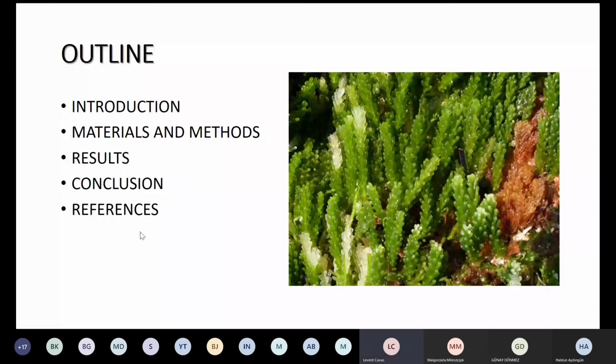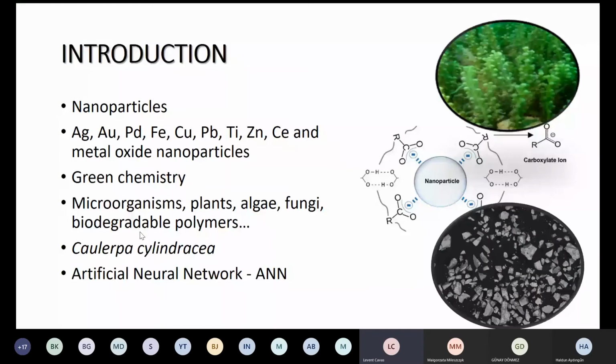Nanoparticles are of great importance in our daily life because we are using many different nanoparticles in many different sectors. The sample nanoparticles are silver, gold, palladium, iron, copper, lead, etc. We can also produce metal oxide nanoparticles, and they are a very efficient material.